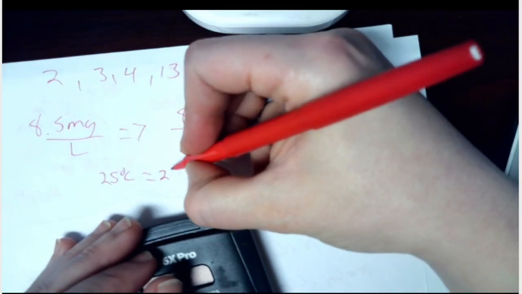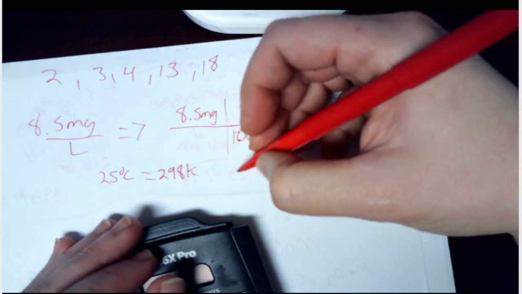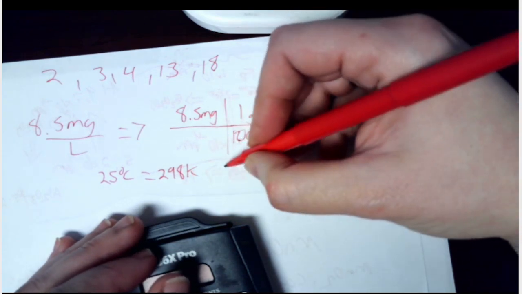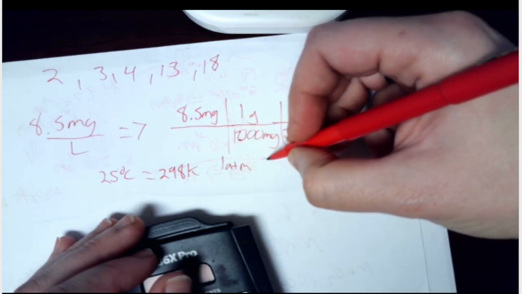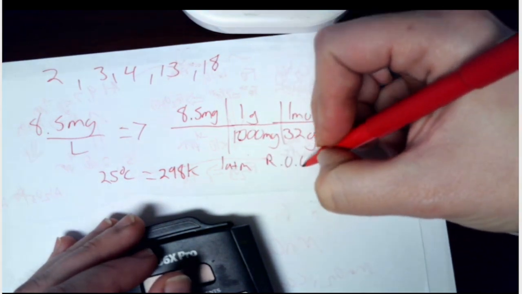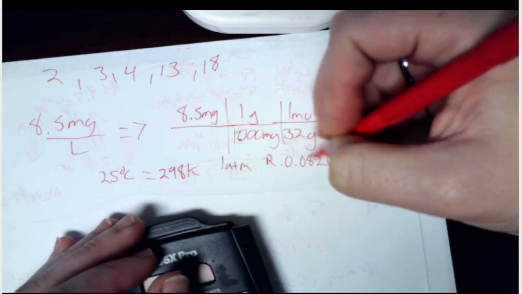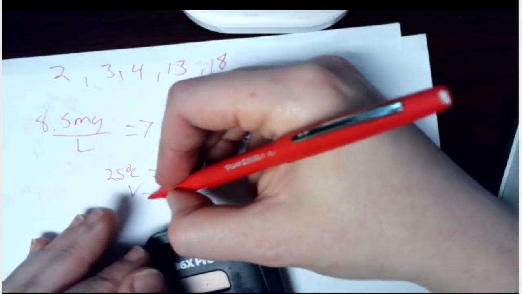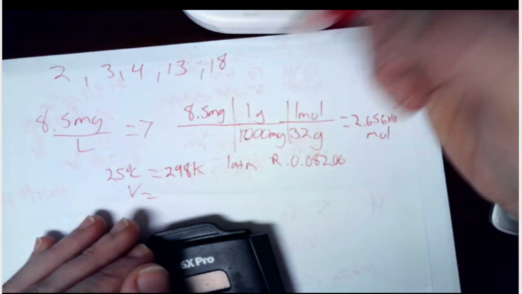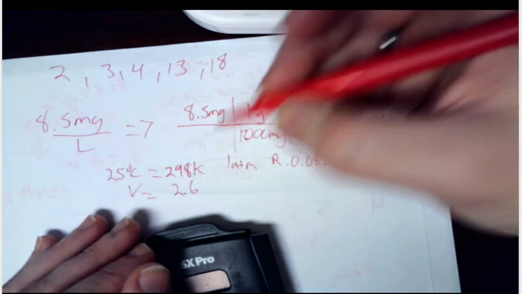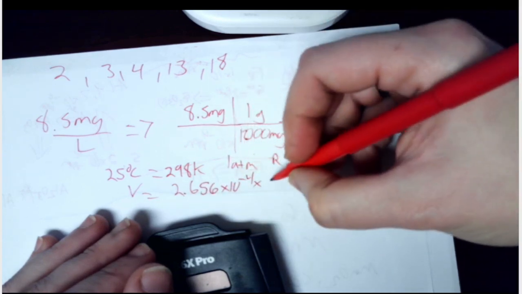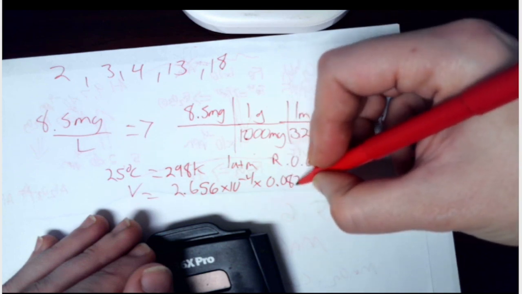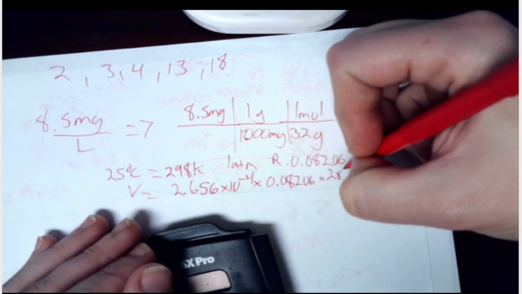25 degrees is 298 Kelvin. And for standard pressure, if we say 1 atm, our R is 0.08206. So volume equals 2.656 times 10 to the negative 4th times 0.08206 times 298.